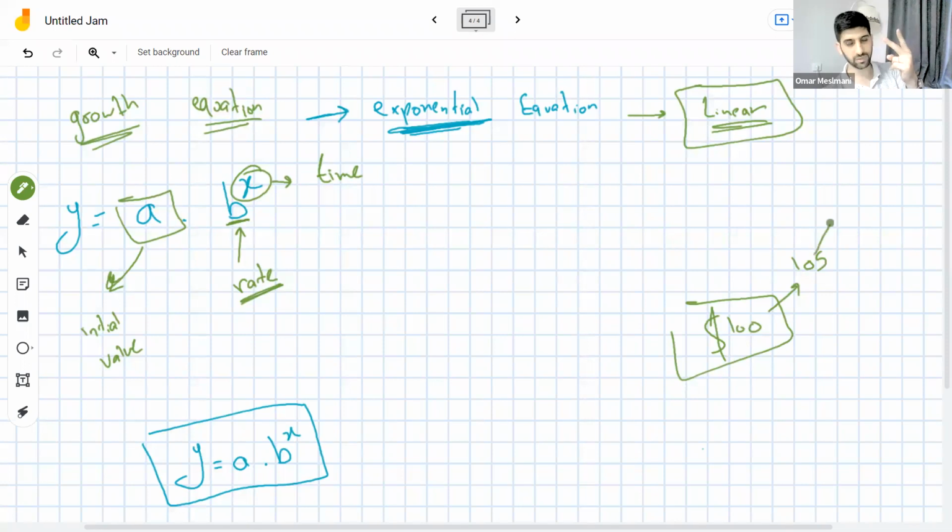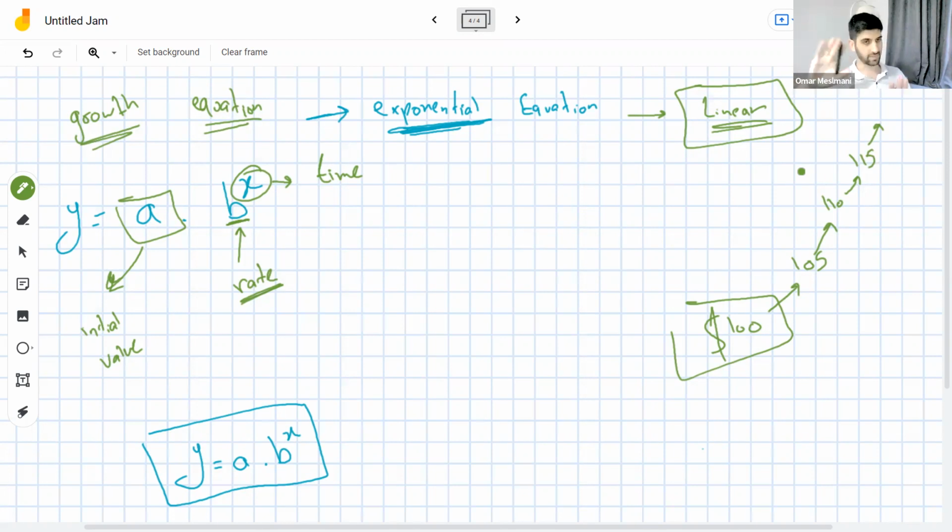In my second month, another 5, so 110. In my third month, 115. And I keep going on 5 by 5 by 5. That's a linear function.